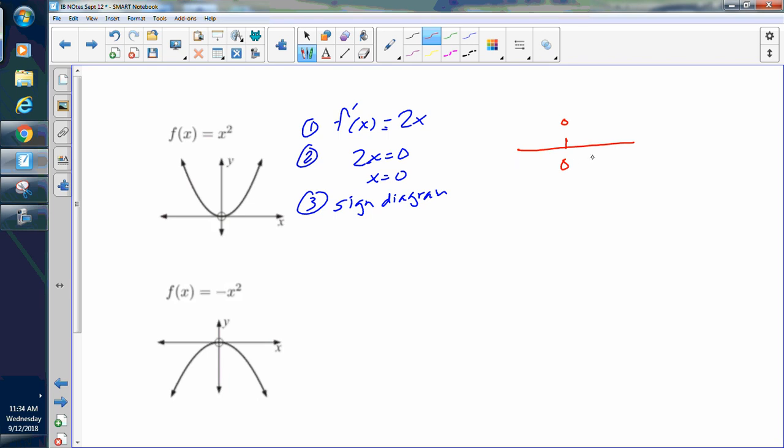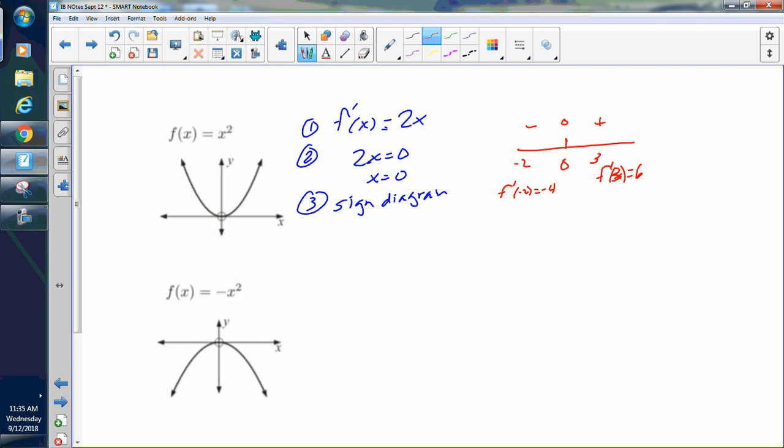So choose a number to the right of 0, like 3, and do the derivative at 3. Well, the derivative at 3 is 6. That's greater than 0, so our derivative is positive to the right of 0. And to the left of 0, choose a number like maybe negative 2. The derivative at negative 2 is negative 4. That's less than 0, so we're negative.